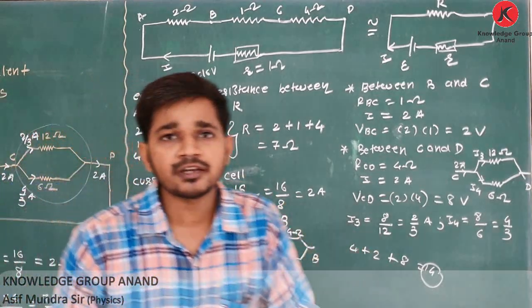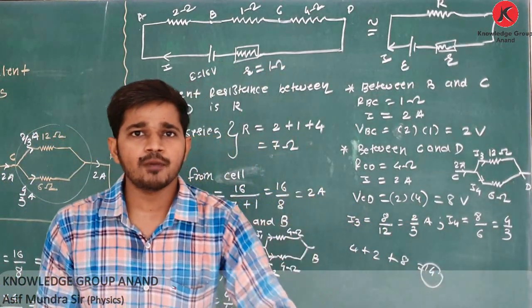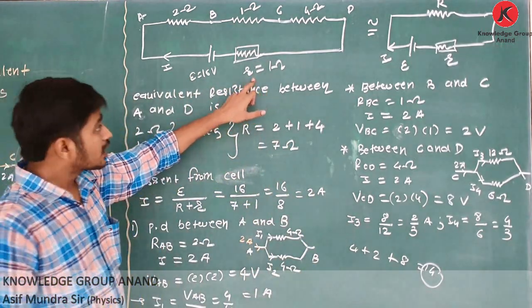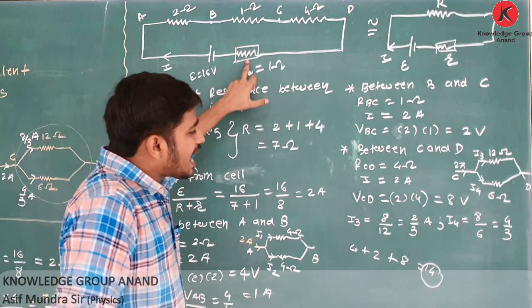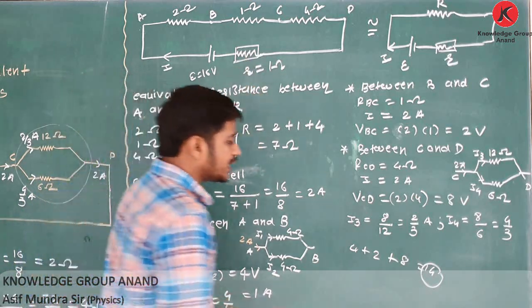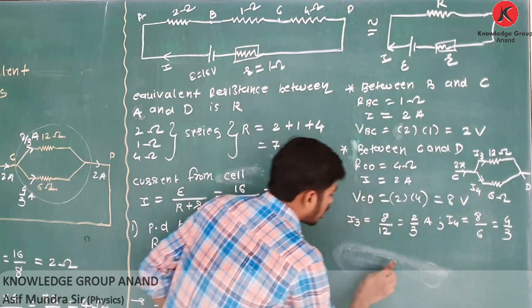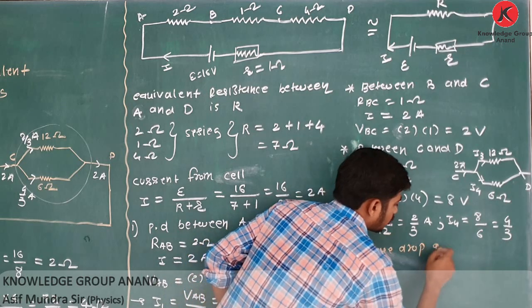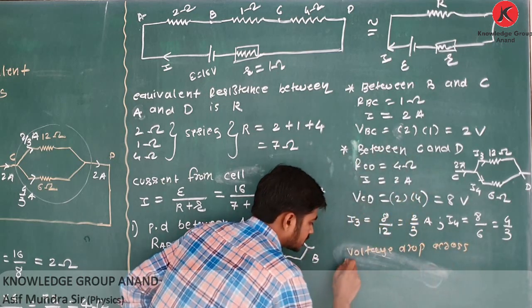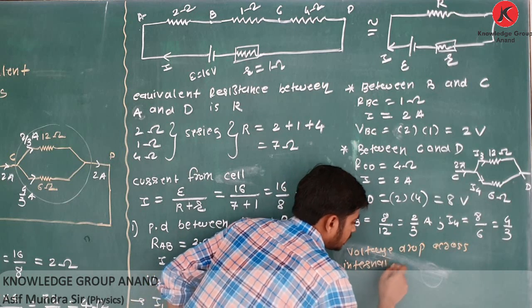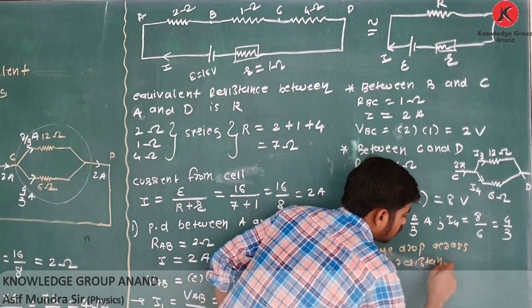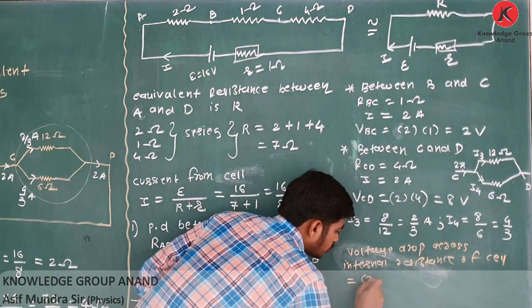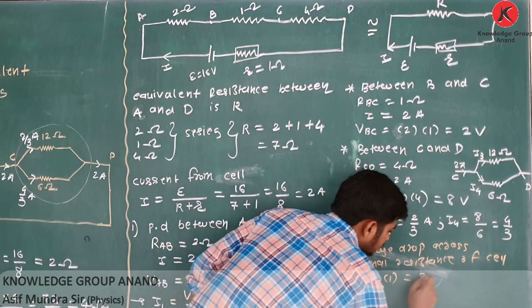So EMF is 16 volt. Then where is the 2 volt remaining? That voltage drop is across the internal resistance of the cell. See, the current flowing from this cell is also I equal to 2 ampere. So the voltage drop across the internal resistance of the cell is equal to the current flowing, 2, times its resistance, 1, so it is 2 volt.